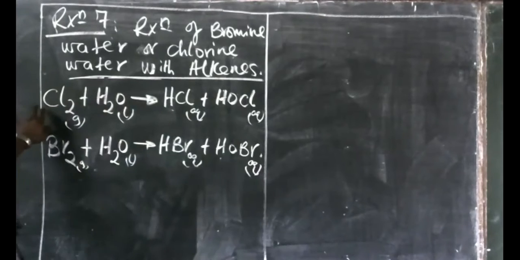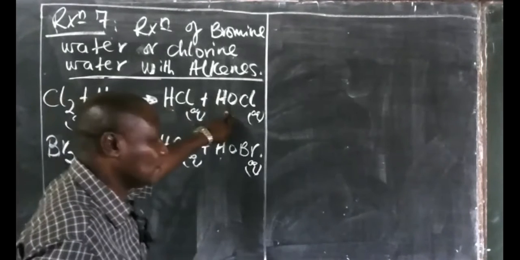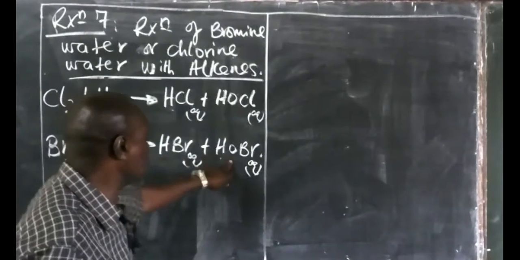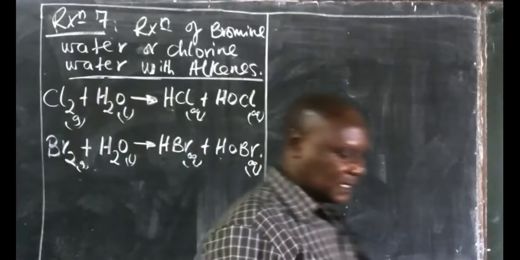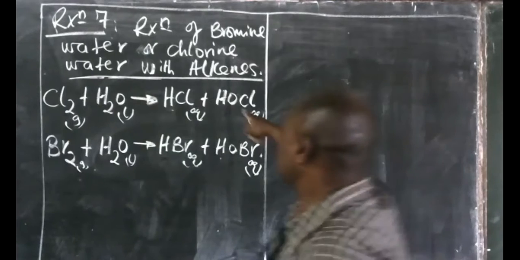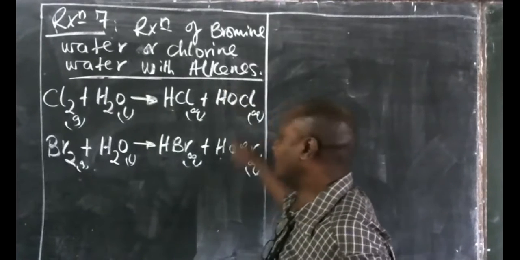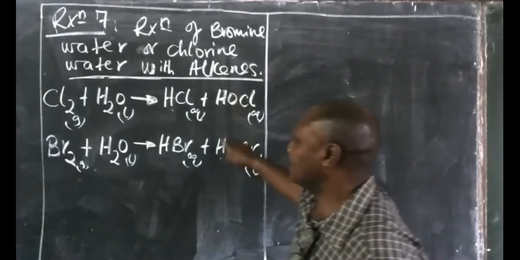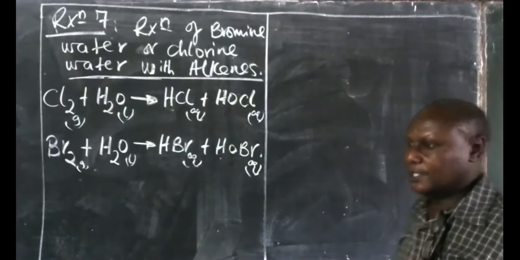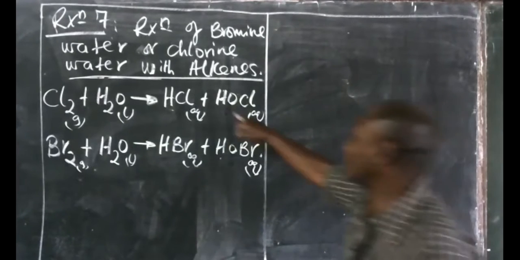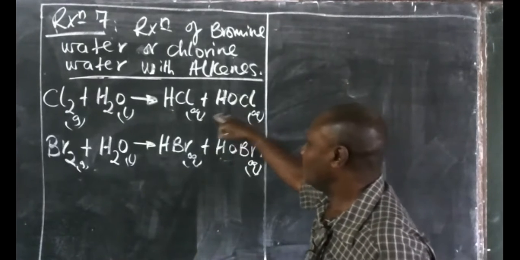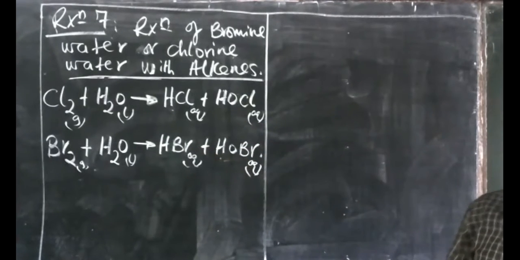So in this case here, you get hydrochloric acid, hypochlorous acid, hydrobromic acid, hypobromous acid. Now, these two acids are very unstable, and they're the ones which are going to take part in what? The reaction with the alkenes. So in solutions, it is the hypochlorous acid and then hypobromous acid, which are unstable, which will then react with the alkenes.